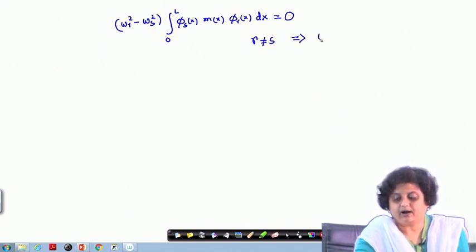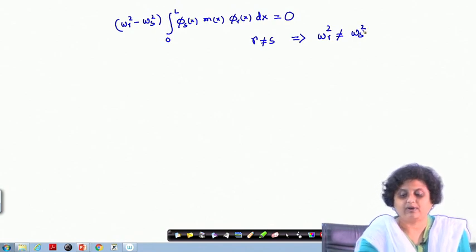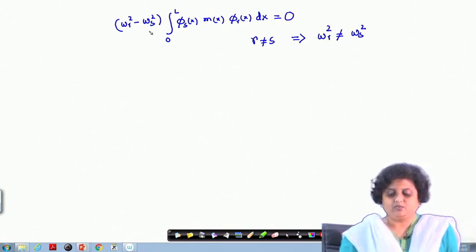Therefore, omega r square, which is the natural frequency of the rth mode, is not equal to omega s square. So, this part cannot be equal to 0.